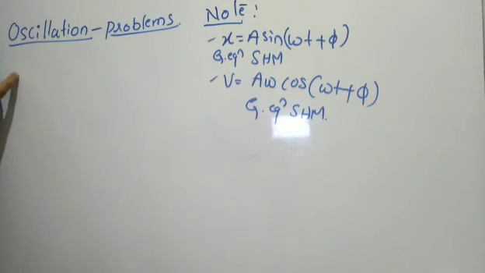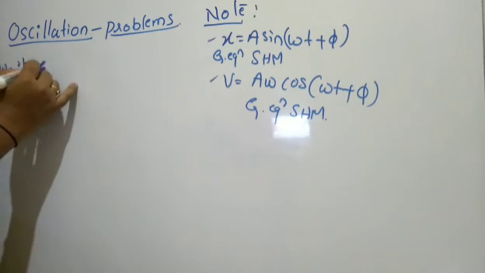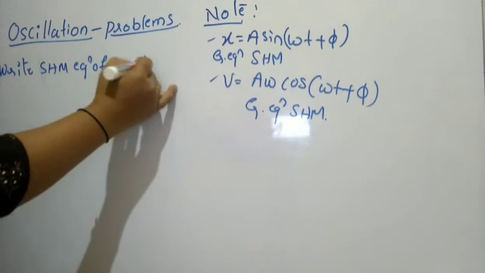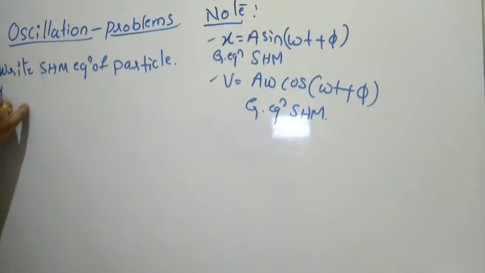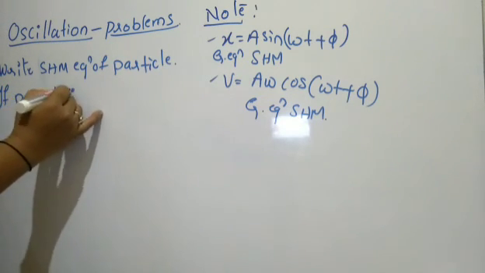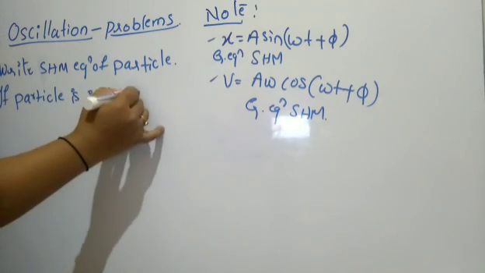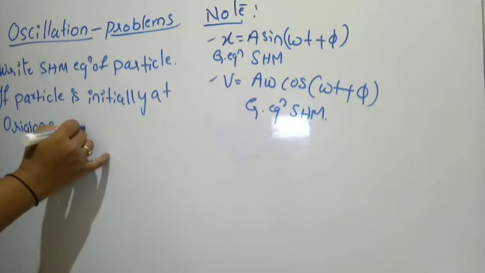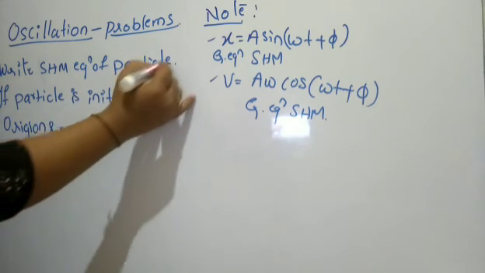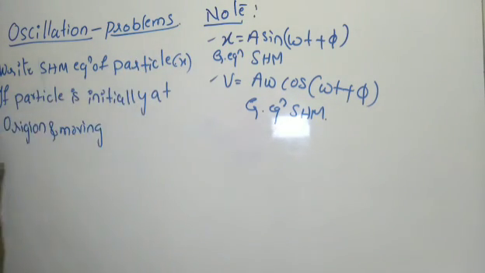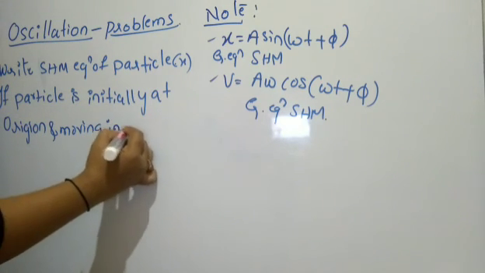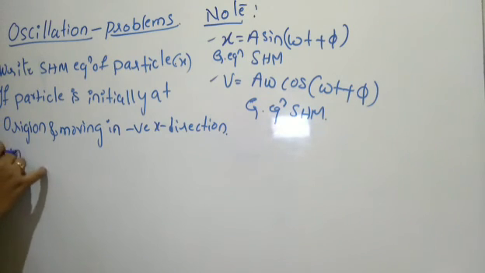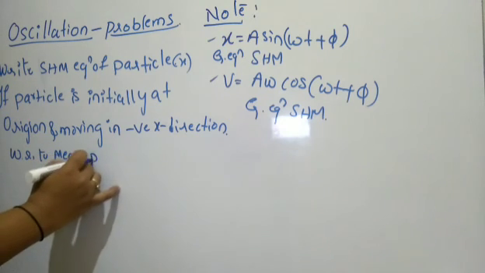So let us take a first problem here: write the simple harmonic equation of a particle if the particle is initially at the origin and moving in the negative x direction with respect to the mean position.